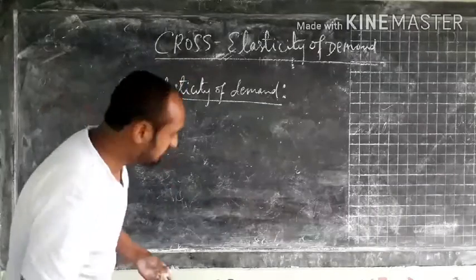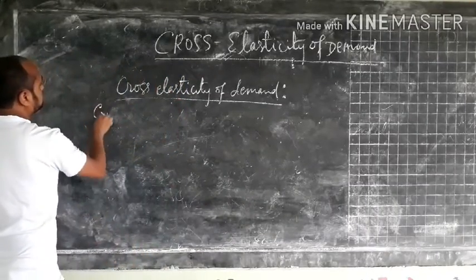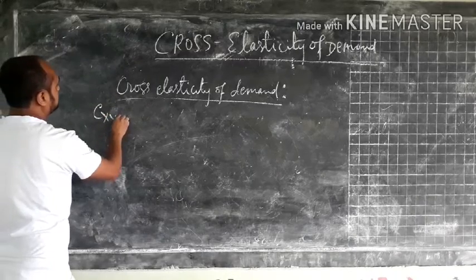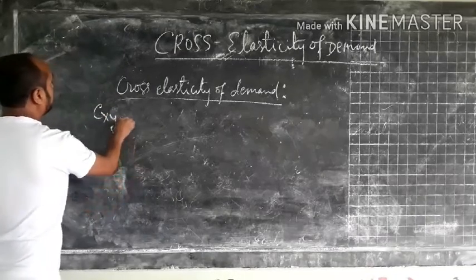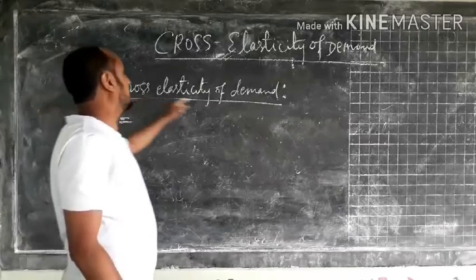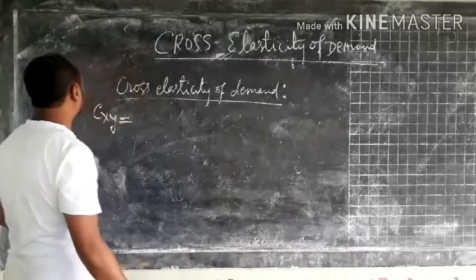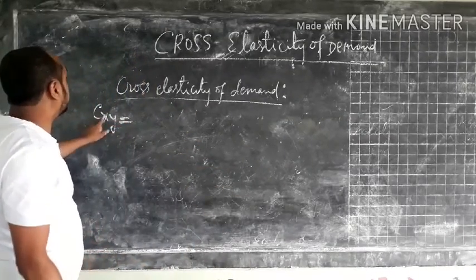Or if we represent this cross elasticity of demand in a symbolic form, we can write it as EXY.